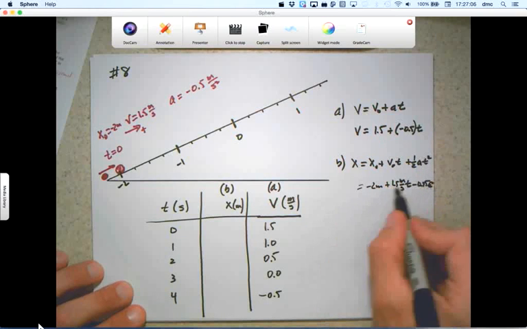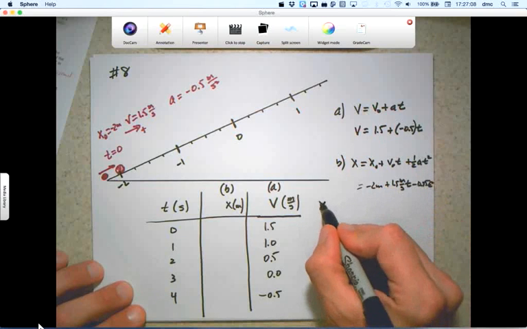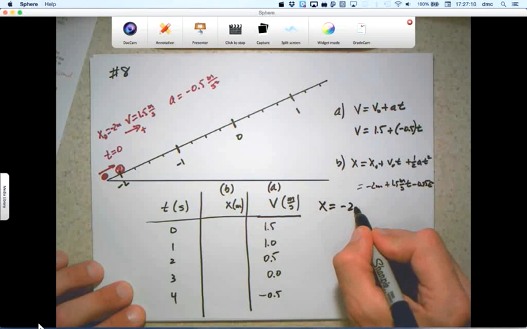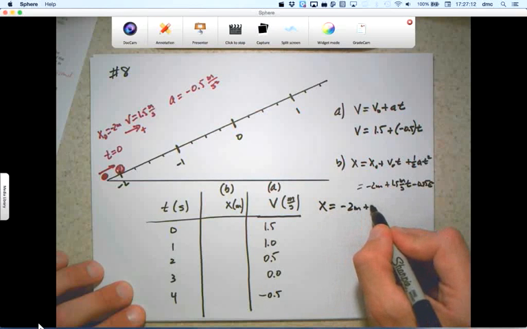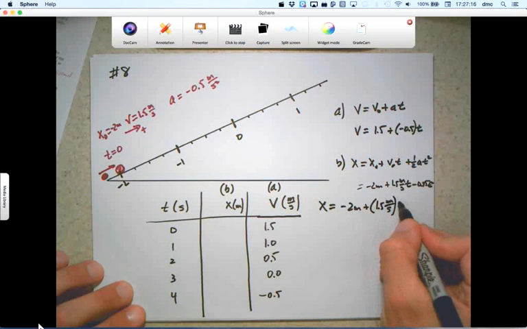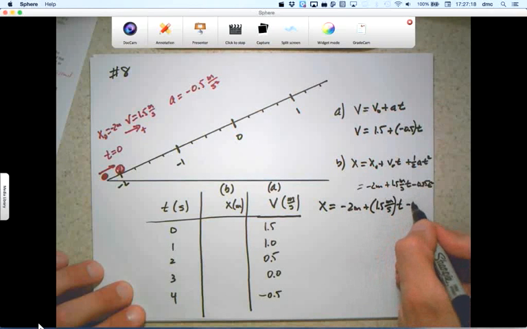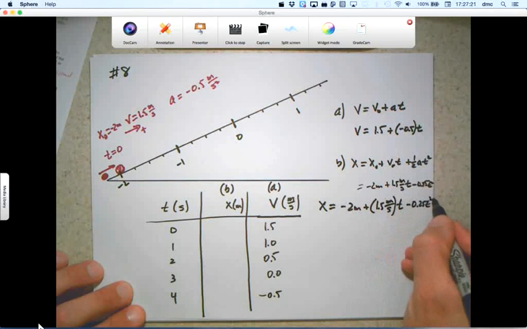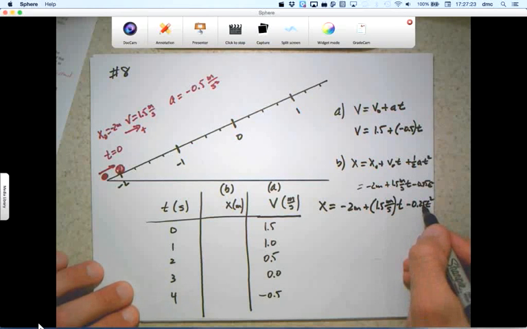Let me rewrite this because it's kind of cramped. So x equals -2 meters plus 1.5 meters per second times t seconds minus 0.25 t squared. And the units for 0.25 are meters per second squared.